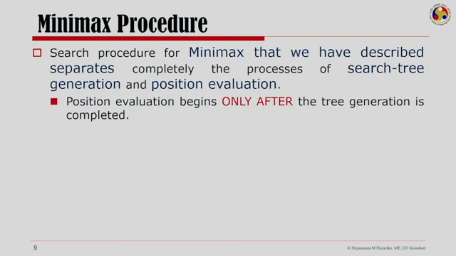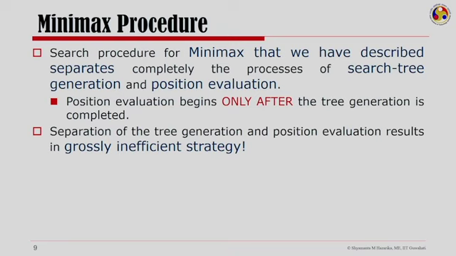Now, search procedures for min-max that we have described up till now separate completely the process of search tree generation and position evaluation. The position evaluation was done only after the tree generation is completed. Separation of tree generation and position evaluation results in a grossly inefficient strategy.